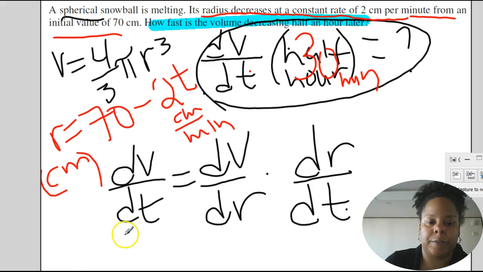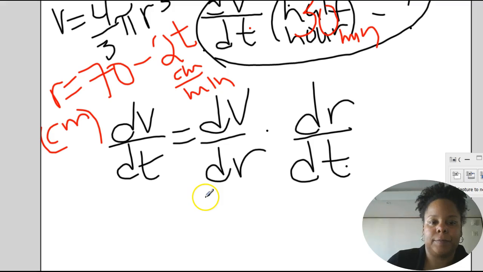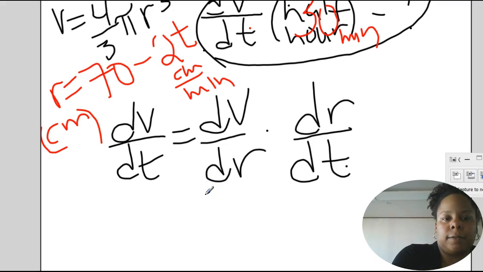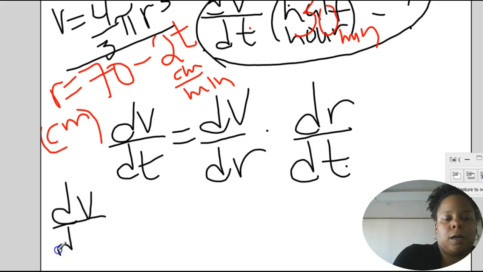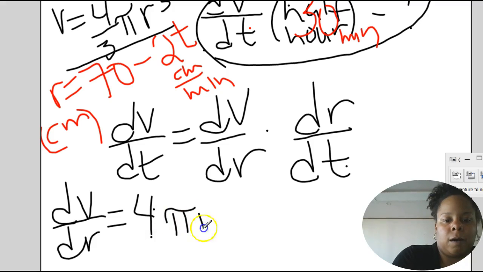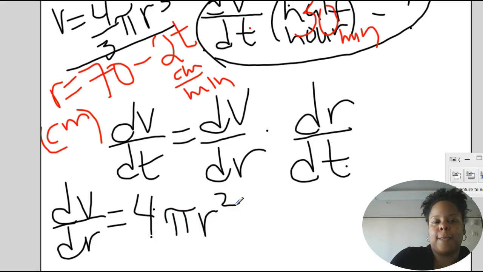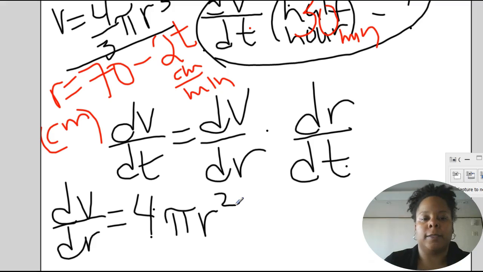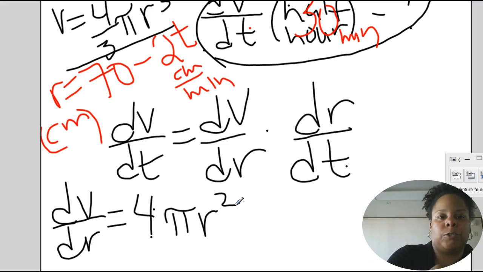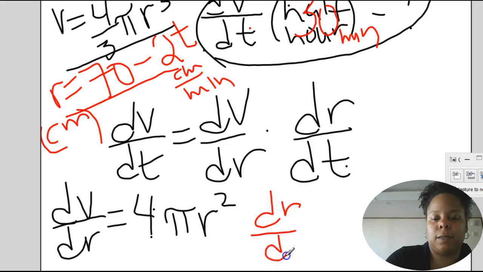So now all I need to do is figure out what dV/dr is and what dr/dt is. Since this is the volume formula, dV/dr is equal to 4 pi r squared. And dr/dt, since we have this, is equal to -2.